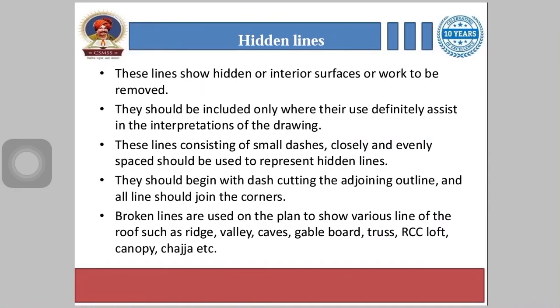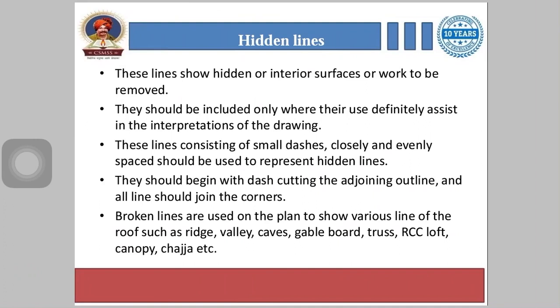Hidden lines. These lines show hidden or interior surface, or the work to be removed. They should be included only where their use definitely assists in the interpretation of the drawing. Lines consisting of small dashes, closely and evenly spaced, should be used to represent the hidden lines.